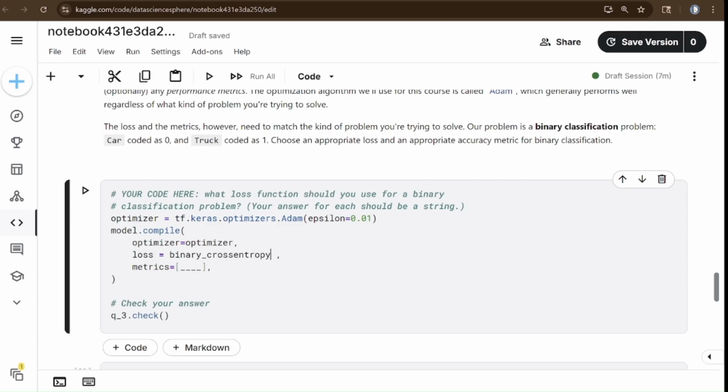Binary cross entropy is a way of calculating loss. Here our problem is binary classification, either 0 or 1. So just go for binary cross entropy. You can give any loss function, but here it is best. Okay. And what is the metric? Let's give binary accuracy. So you can write binary underscore accuracy.